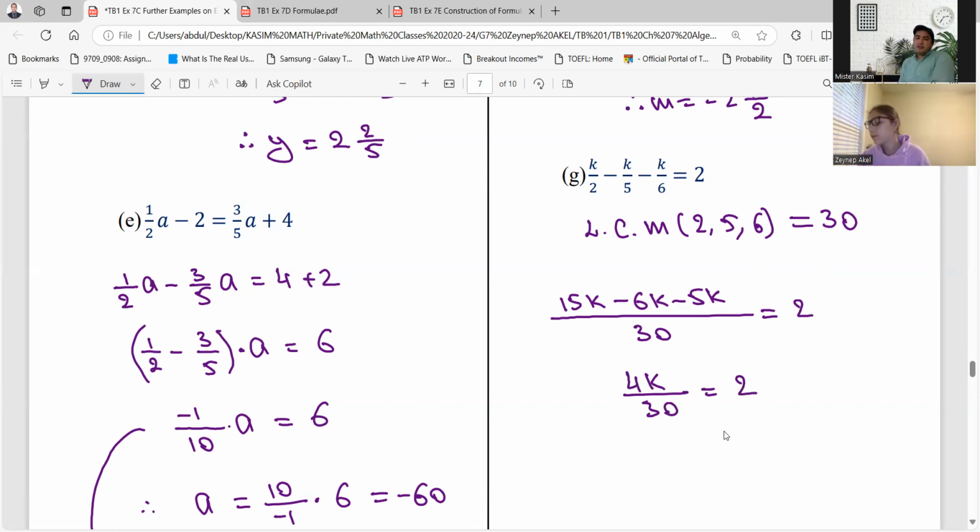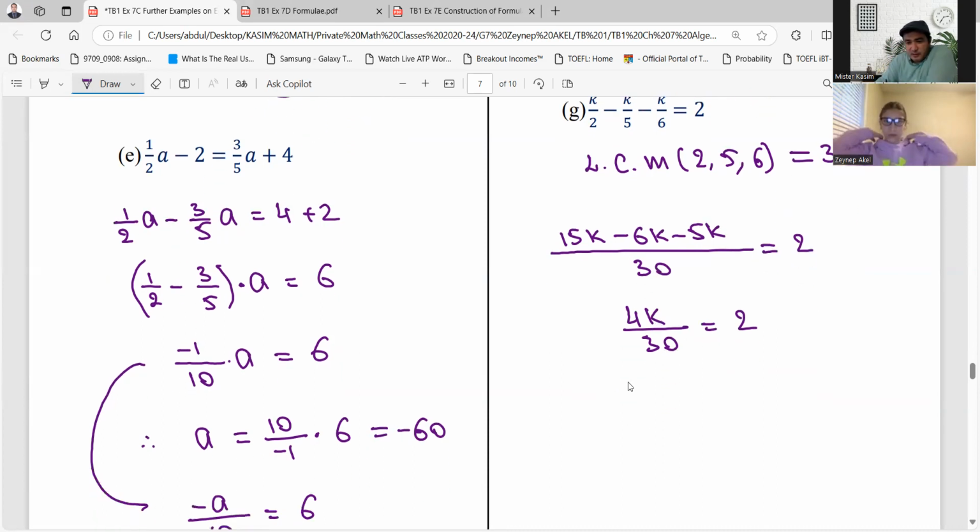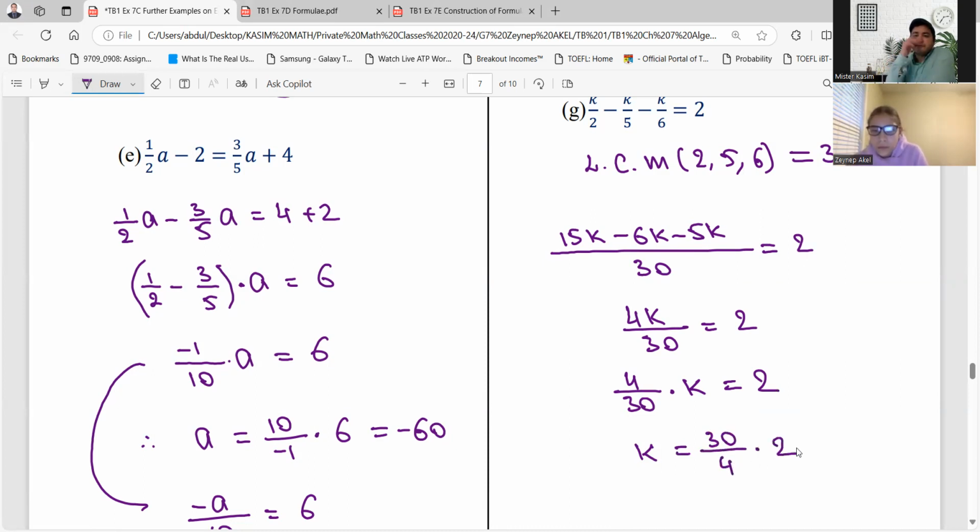Actually, 4 over 30, as you see, we can just write it as 4 over 30 times k, it's the same thing. And now if you move this fraction to the right-hand side, we have k is equal to 30 divided by 4 times 2.